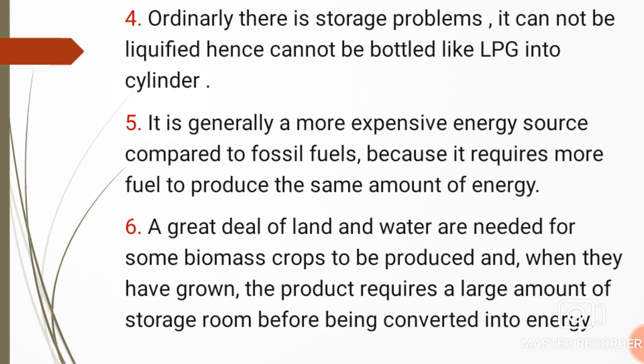Sometimes special types of crops are grown for the production of biomass for the biogas plant, and these crops require more land and water for their growth. After the product is grown, there is a requirement of storage. So it requires a large amount of storage room before being converted into energy. So this is the disadvantage.